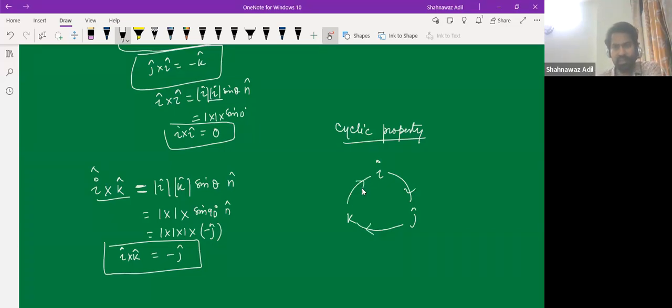If we go clockwise and calculate I cross J, we get K. Clockwise gives positive. So I cross J would be K hat.